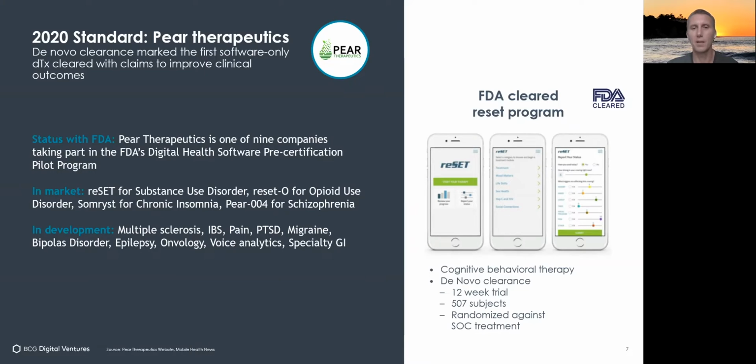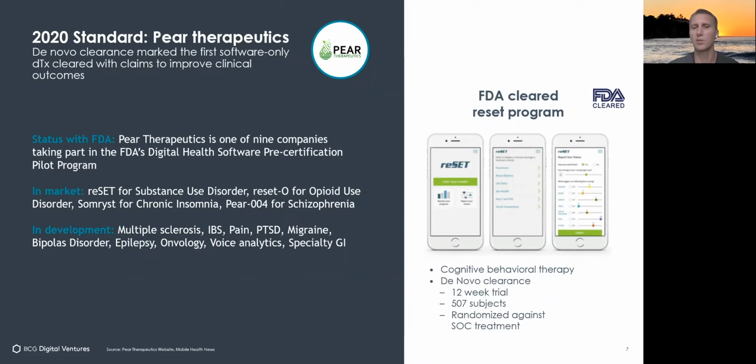But when you look at the pipeline, it's really amazing how many different diseases that Beyor Therapeutics is going after across the spectrum of opportunities, places where you wouldn't necessarily think that a behavioral intervention could offer a lot of upside. Multiple sclerosis, some in GI, voice, oncology of all things.